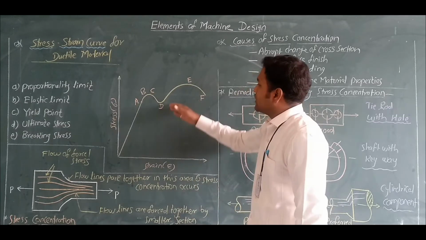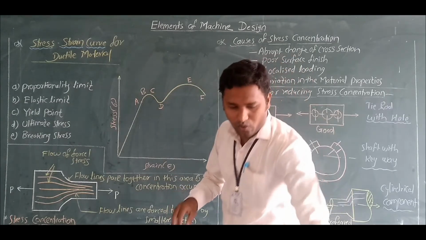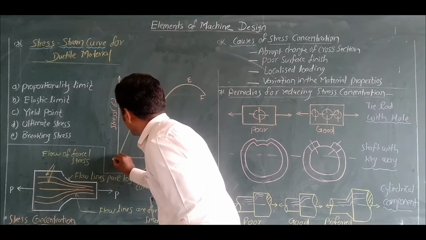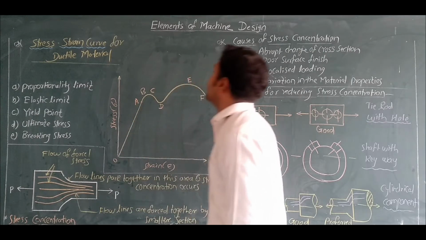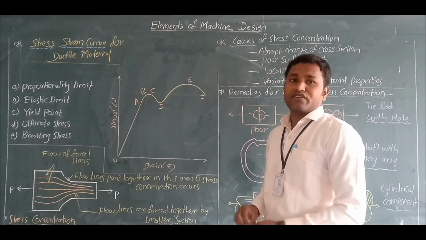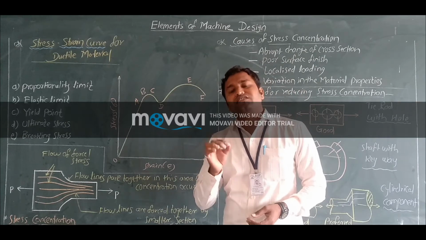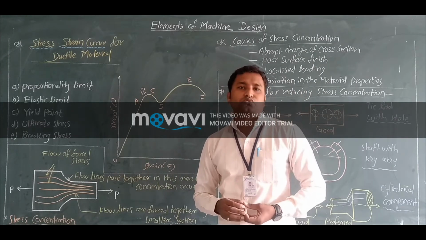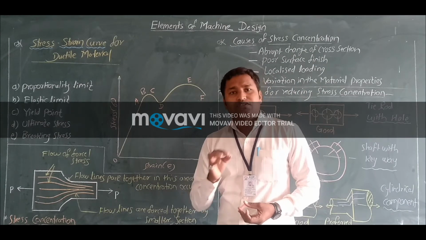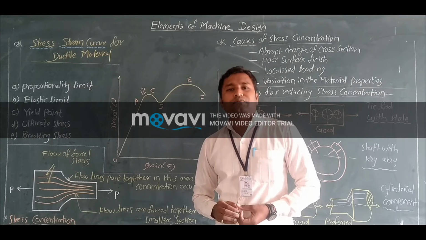If you see the point O, this is the origin point. You see the line OA represents that stress is directly proportional to strain. This is known as the proportionality limit.